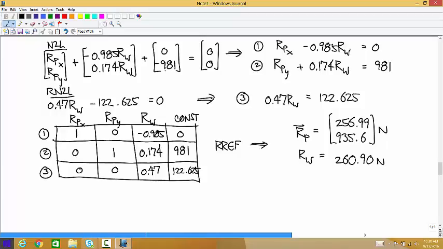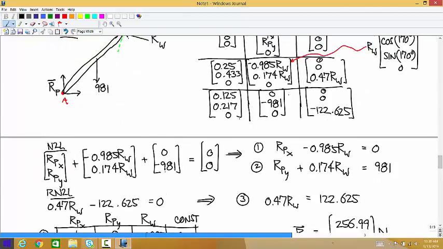And then for our RW vector, that's the magnitude of it, correct? Yes. Okay. And so if you wanted to know what the force vector was that the wall applied to the beam, you would take that value and plug it back into this vector, and that would give you the force applied to the beam by the wall.